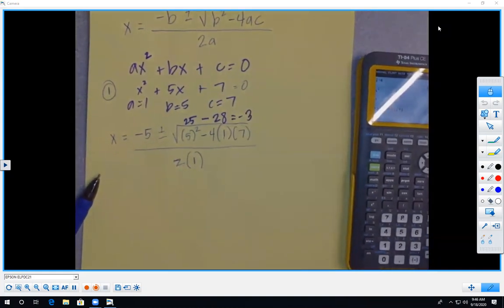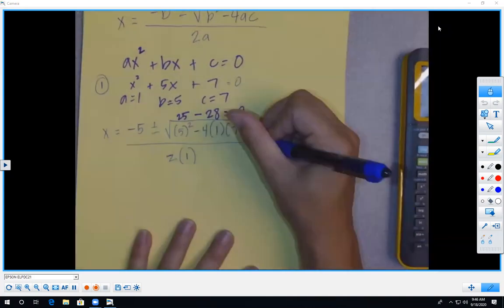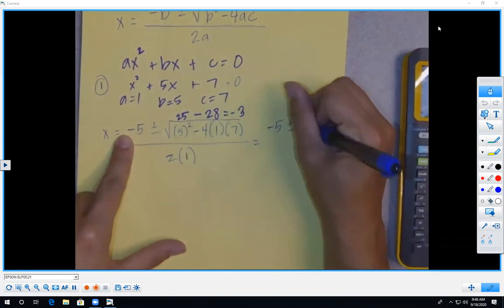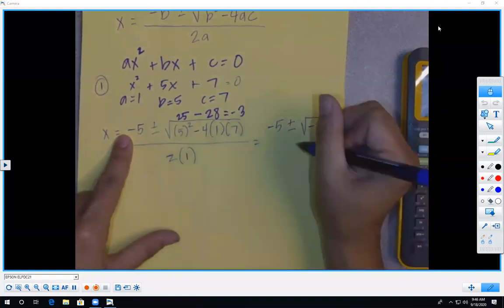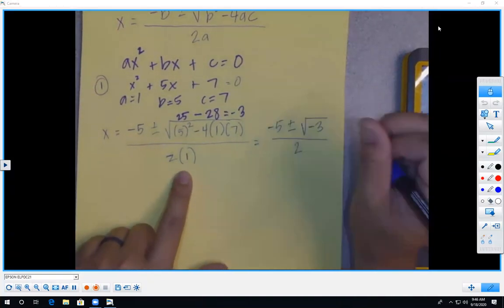Okay, so that number you find, that's the part that goes in the square root. So this now is negative 5 still, plus or minus the square root of, we figured out that was negative 3 inside, all divided by 2 times 1. What's 2 times 1? 2.